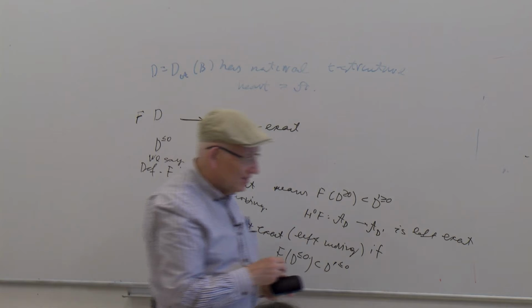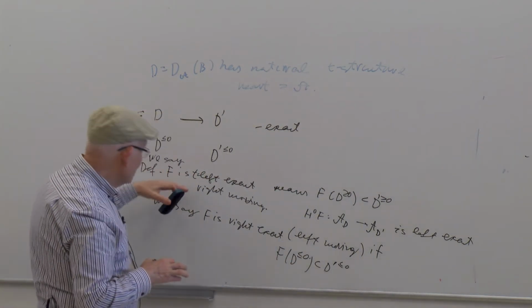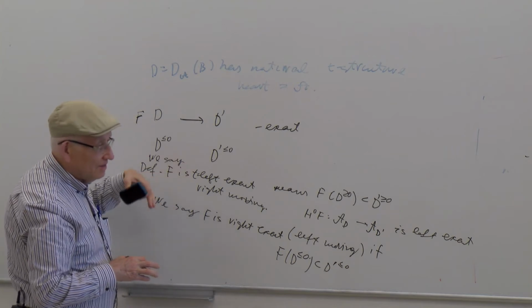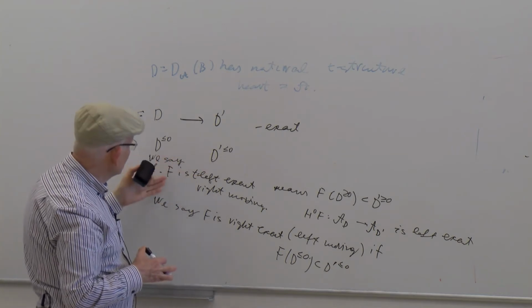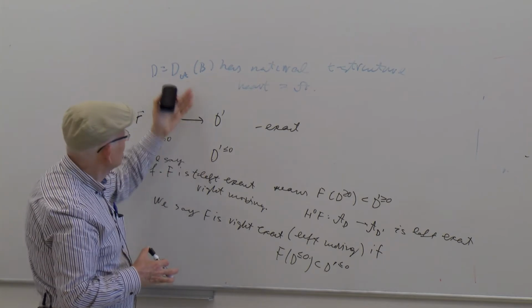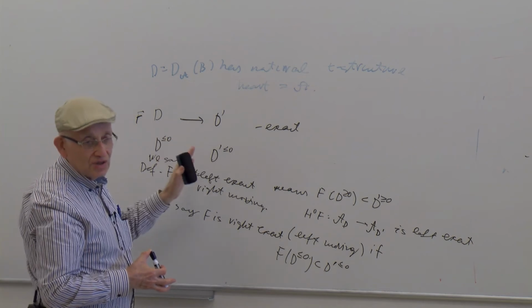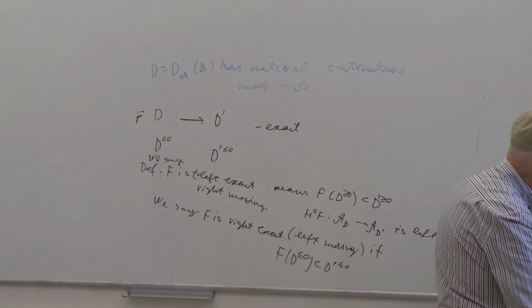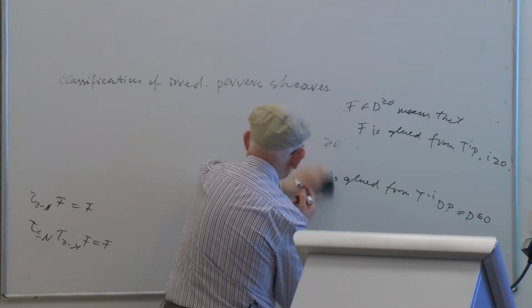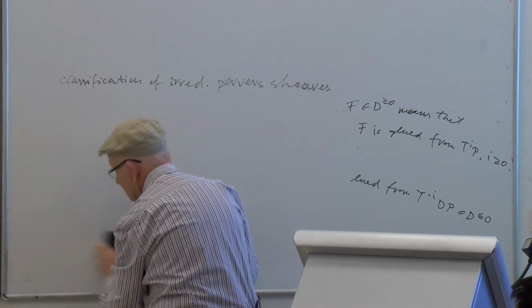So the idea is that we have an analogy that we think about this t-structure as if it is this kind of category, and then it becomes just standard definitions. Okay, and what I want to formulate here are the following properties about exactness of these functors in this situation.